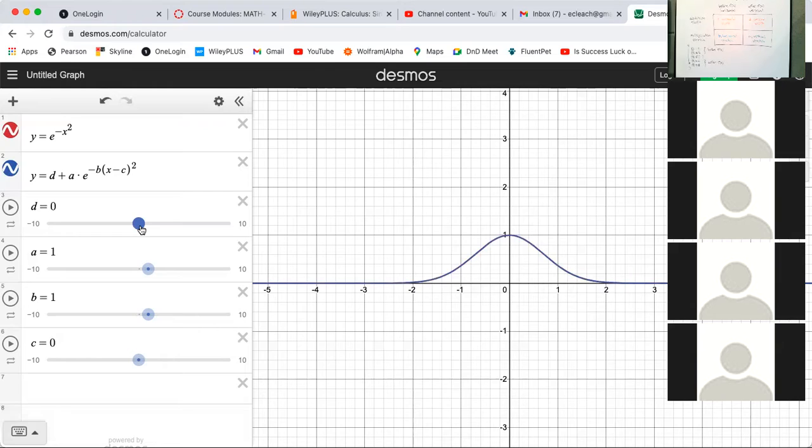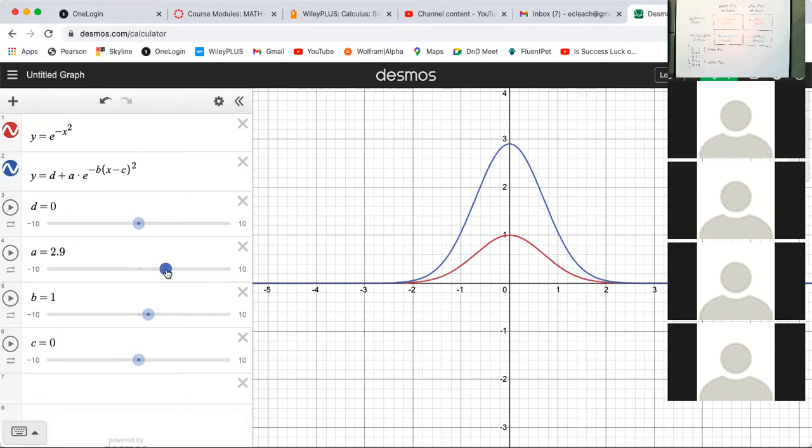And we start messing with the multiplication. If I change the multiplication after the function, I should see a vertical stretch. Notice that when I multiply by 2, my horizontal asymptote stays at 0 because 0 times 2 is still 0. But the high point, which was at 0, 1, has stretched up to 0, 2.